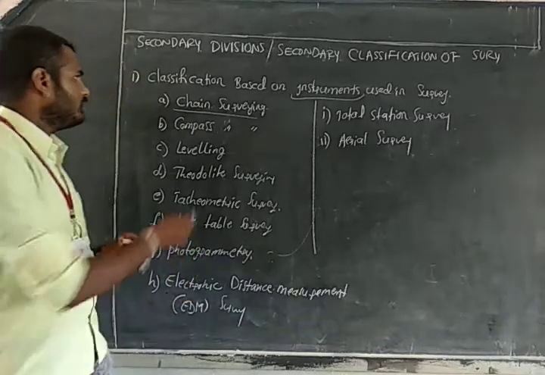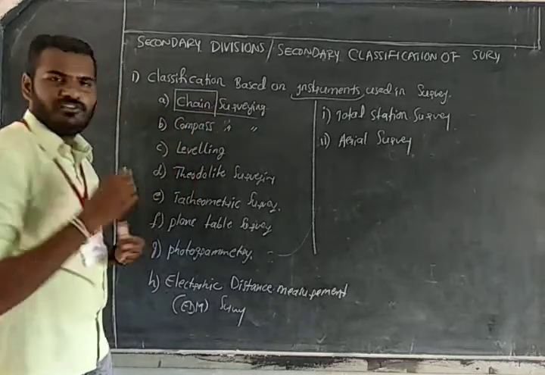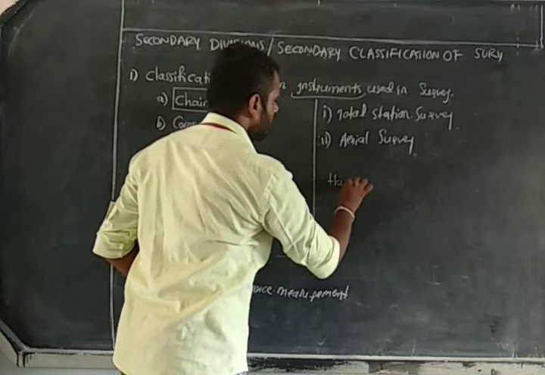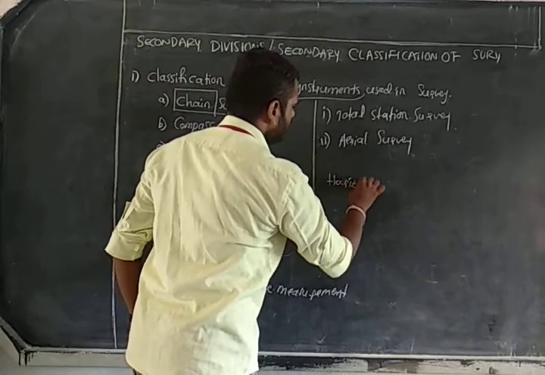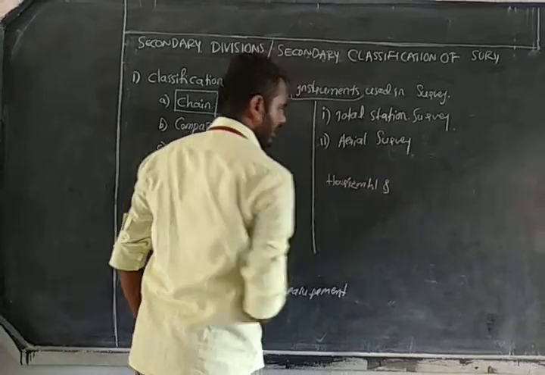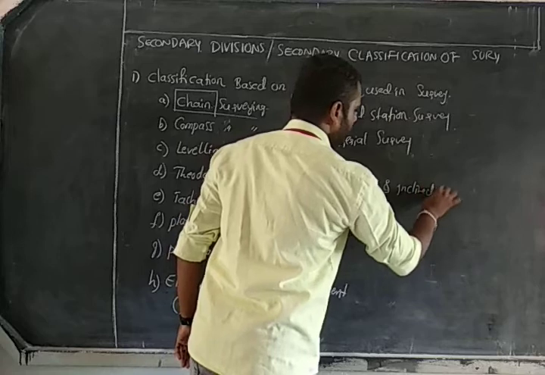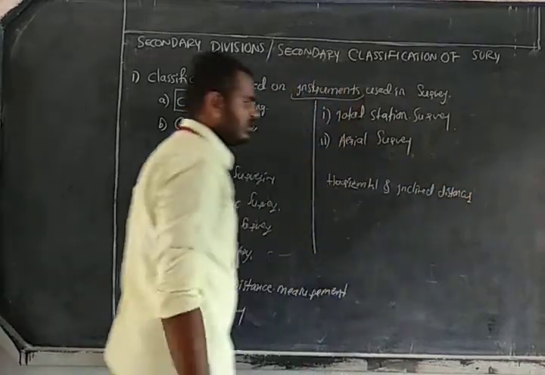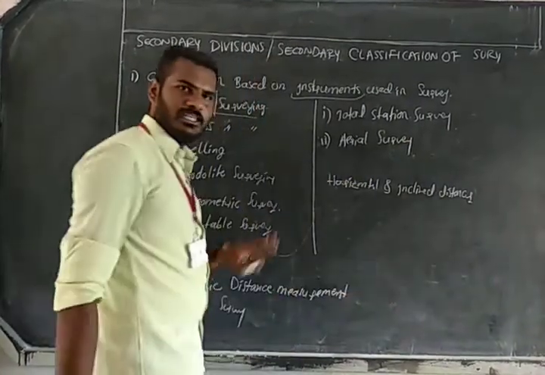We go through chain surveying, where we use a chain for the measurement of horizontal and inclined distances over the ground. Let us take this particular board as the ground surface.